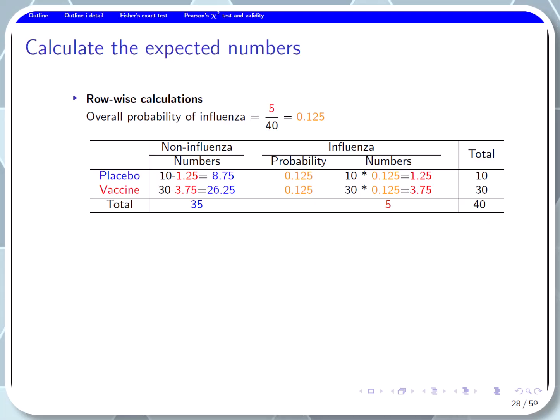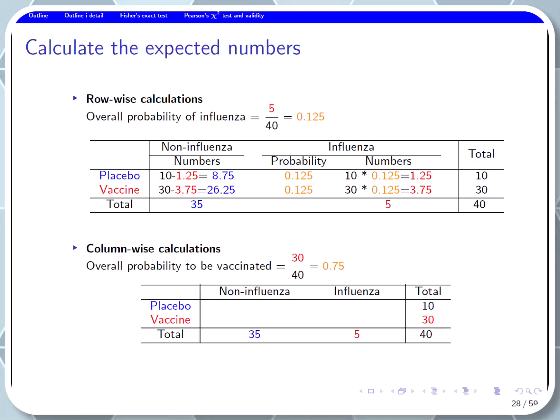Besides row-wise calculations, we can also do column-wise calculations based on the overall probability to be vaccinated. We can calculate the expected numbers for the influenza group and for the non-influenza group. 5 times the probability, 0.75, equal to 3.75, is the expected number of being vaccinated in the influenza group. 5 minus 3.75 equal to 1.25 is the expected number of placebo in the influenza group.